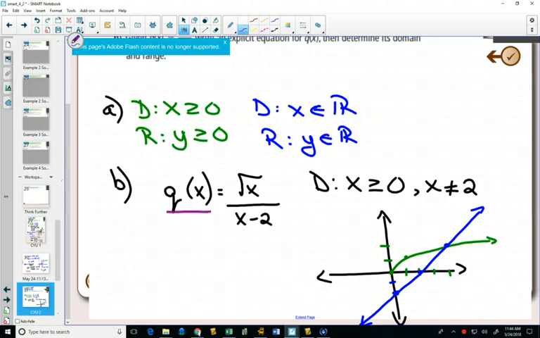Okay? So my first point is when x is 0. What is 0 divided by -2? That's 0. My next point that I have on my graph, my green graph is 1. My blue graph is -1. What is 1 divided by -1? -1. My next point is when the blue graph is 0.